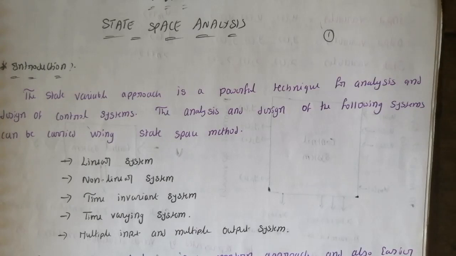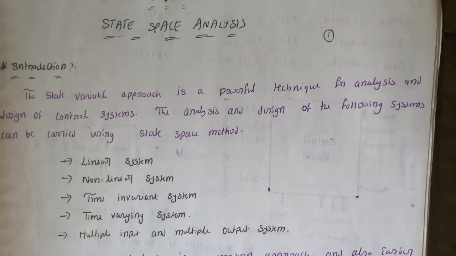The next one is non-linear system. Third is time invariant system. Fourth is time varying system, and fifth is multiple input and multiple output system. So these are the five systems where we can use the state space analysis method.